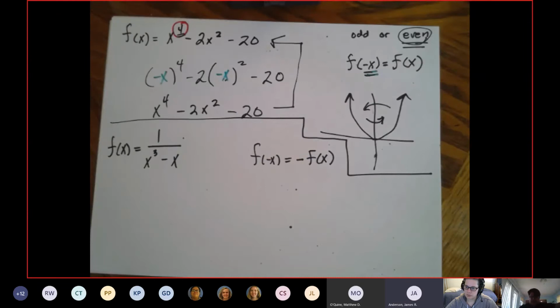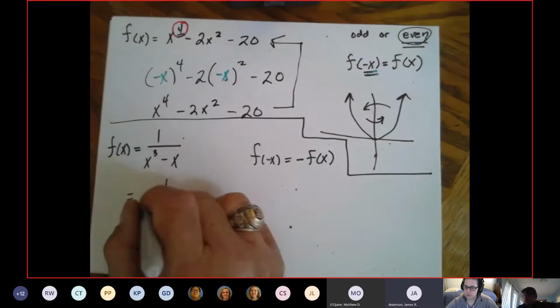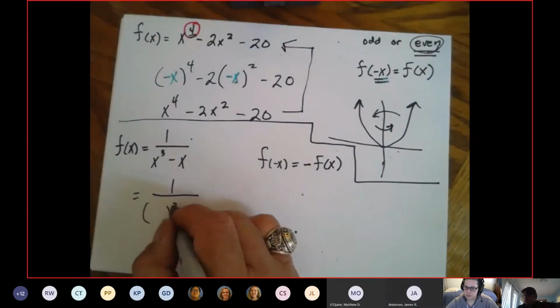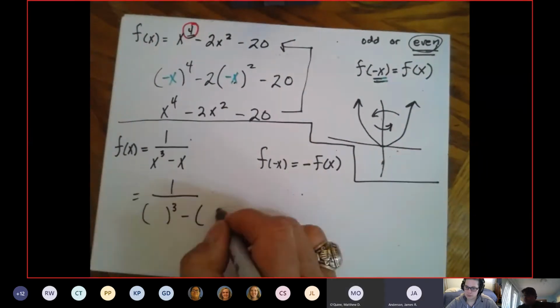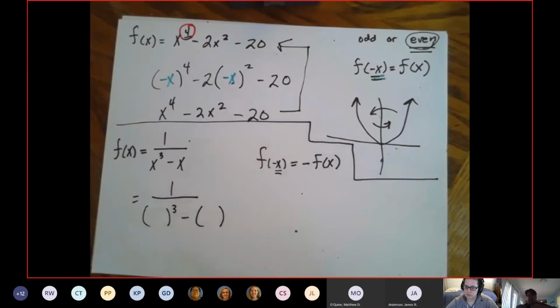So that means I'm going to draw our function with a big set of parentheses, and I'm going to plug in negative x.